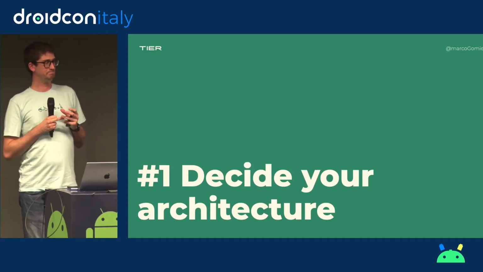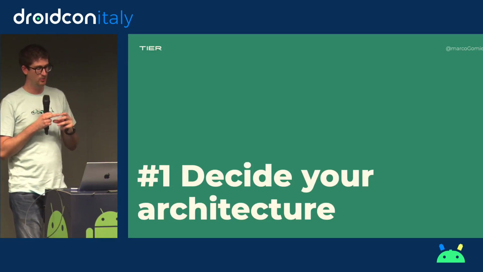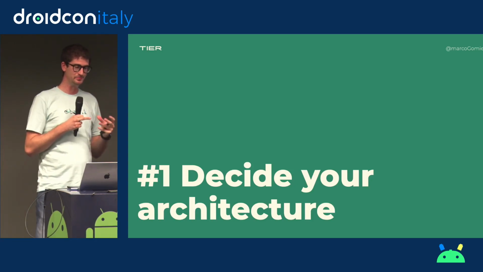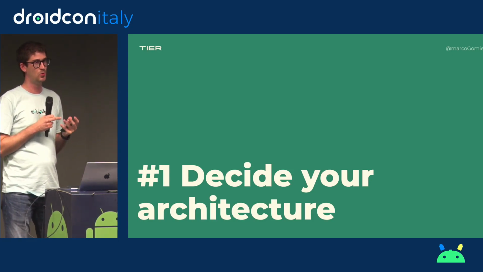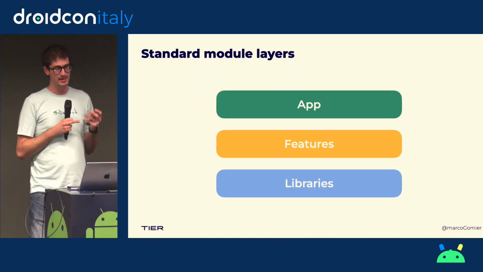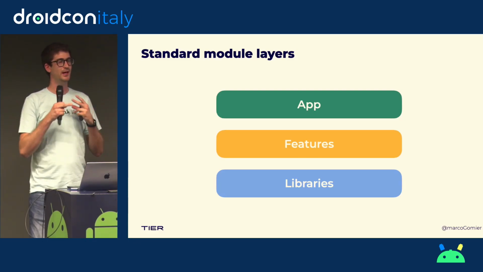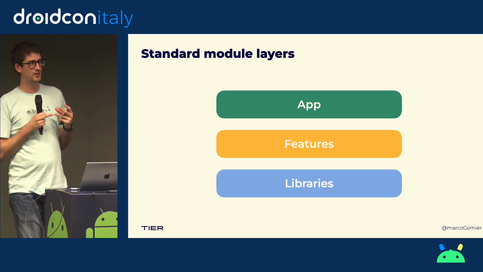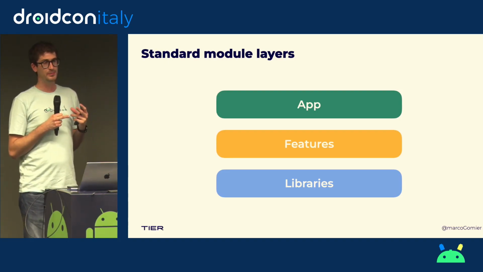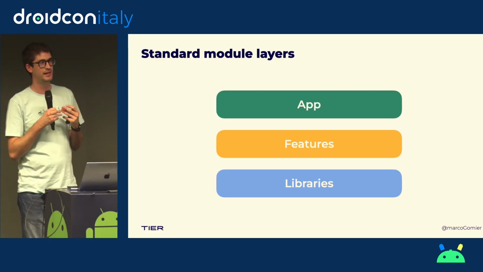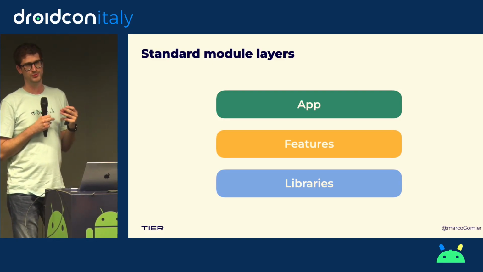Okay, so now that we have all the disclaimers in place, the first thing to do is deciding the architecture that you want to have. And as I said before, there isn't a perfect plan for every project, but there is a standardized kind of way. Because every modularized project usually has three different layers of modules.